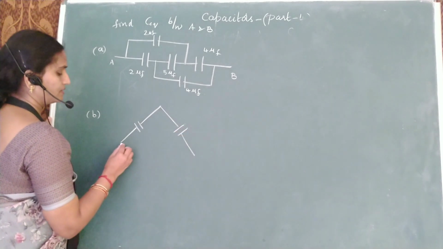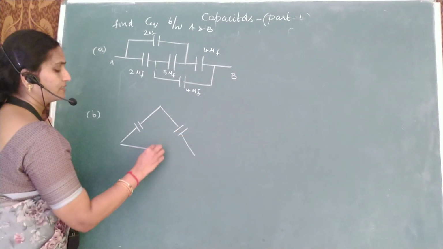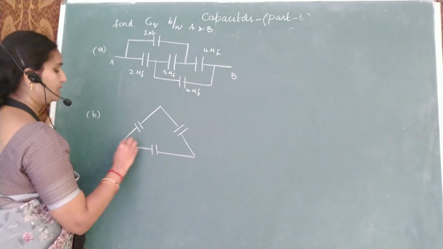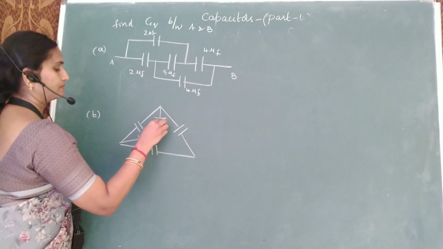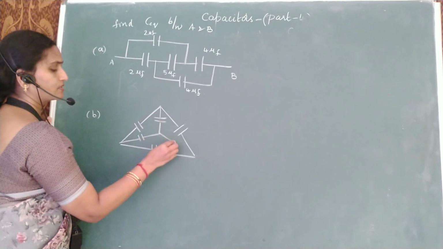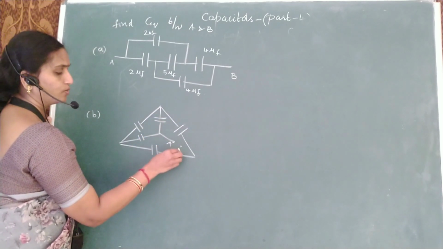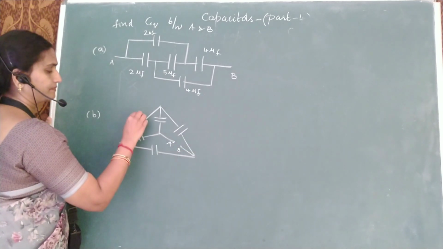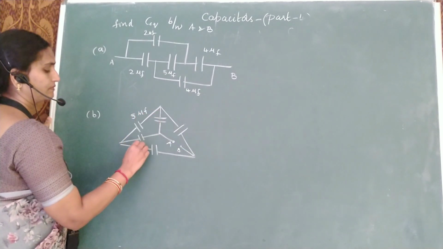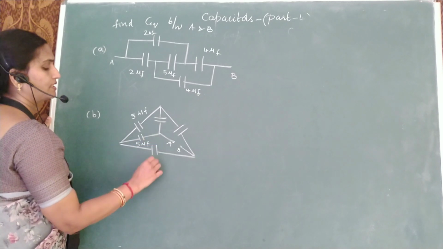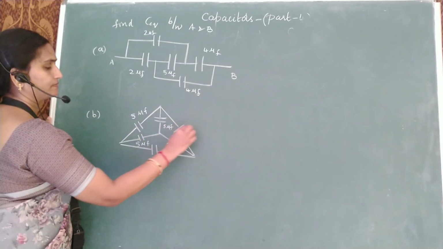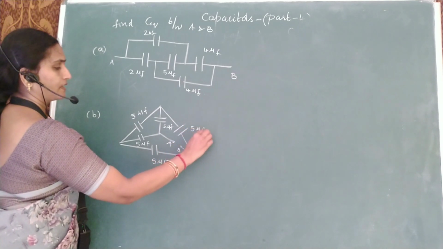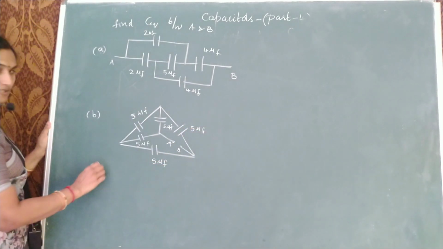For all these questions, you are asked to find out the equivalent capacitance across A and B. This terminal is A and here you have B. In this question, I will take all the capacitors as 5 microfarad. Okay, one more construction.